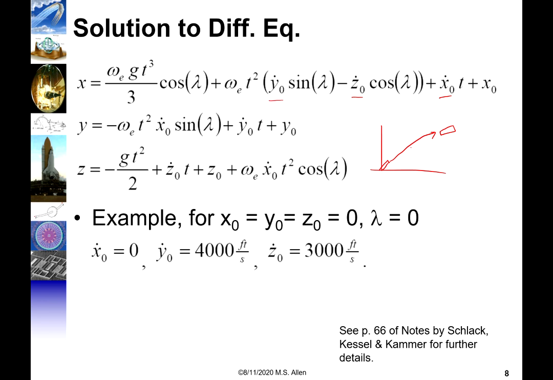So here's an example. If we have a particle that starts at the origin at the equator with lambda equals 0, and initially we fire it perfectly north and also up at 3,000 feet per second. You could plug these in and look at the numbers, and you can actually see how much the particle will drift to the west.